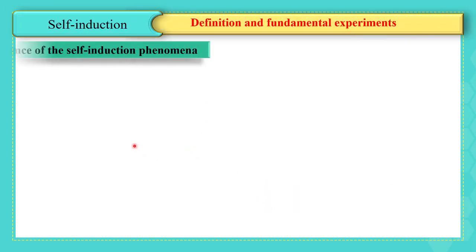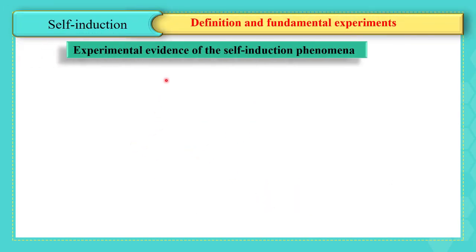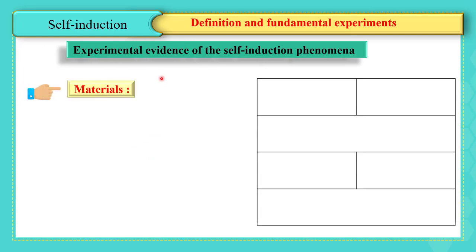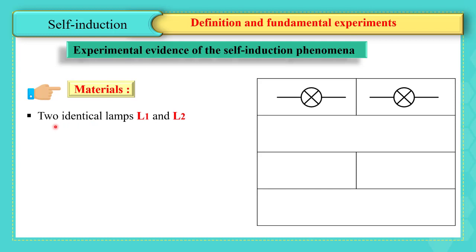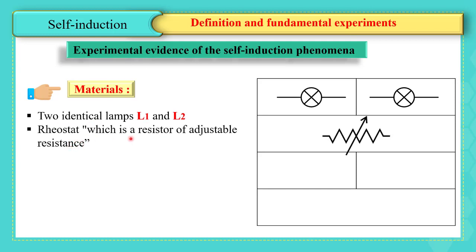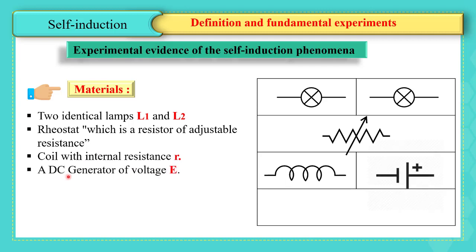To understand the phenomenon of self-induction, let's study the following experiment. The materials needed are two identical lamps, L1 and L2, a rheostat, which is a resistor of adjustable resistance R, a coil with an internal resistance R, a DC generator of a constant voltage E, and a switch.